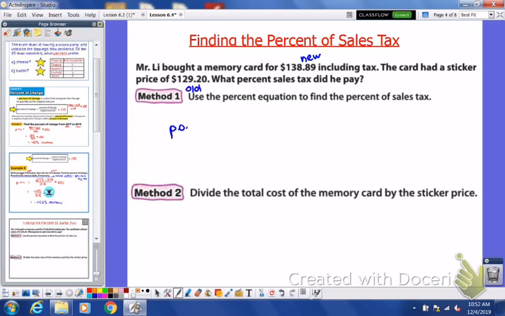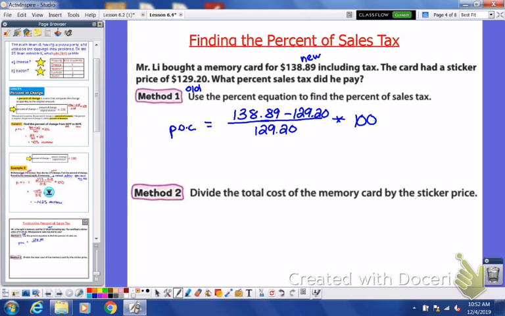So our percent of change is our new, 138.89, minus our old, 129.20, then over our old, and then always times 100 since we're talking about percentages.